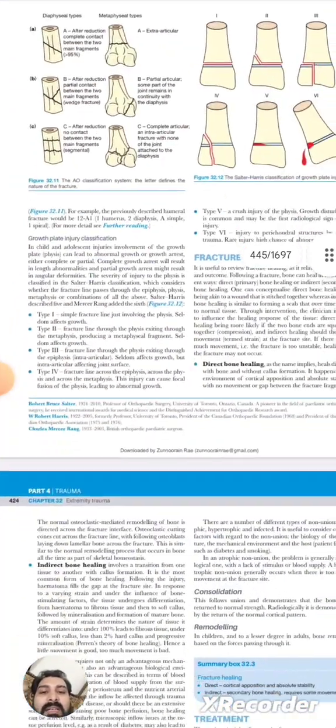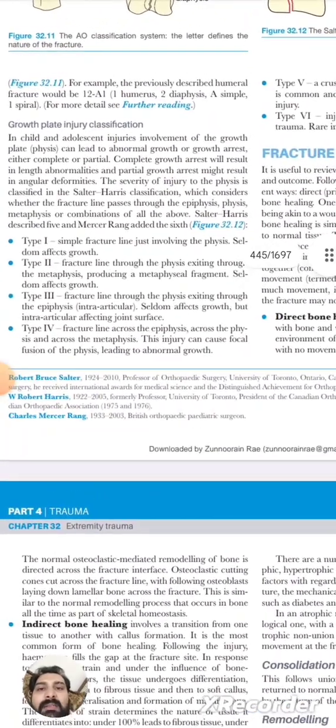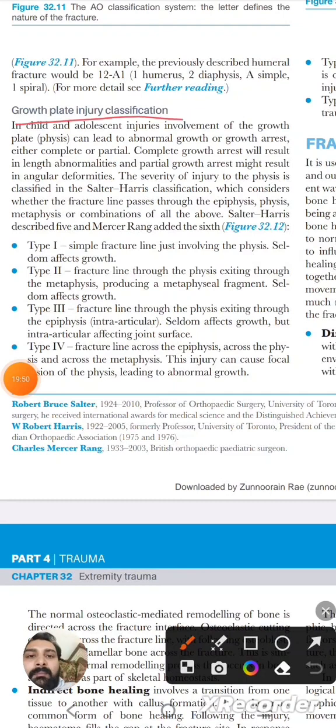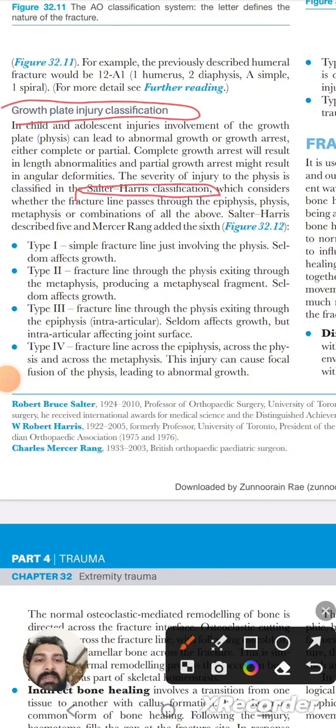So let's move to the growth plate injury classification. Salter and Harris classified growth plate injuries into 5 types, and Rang added the 6th one.